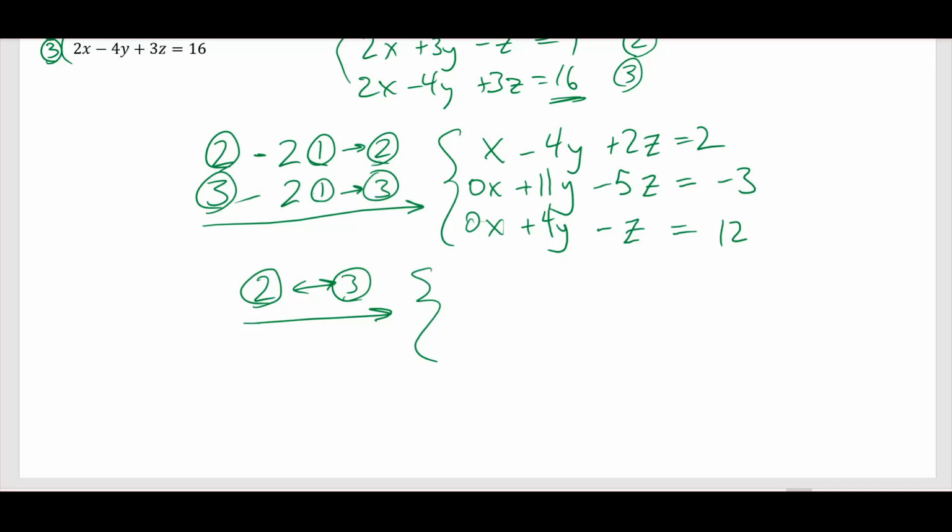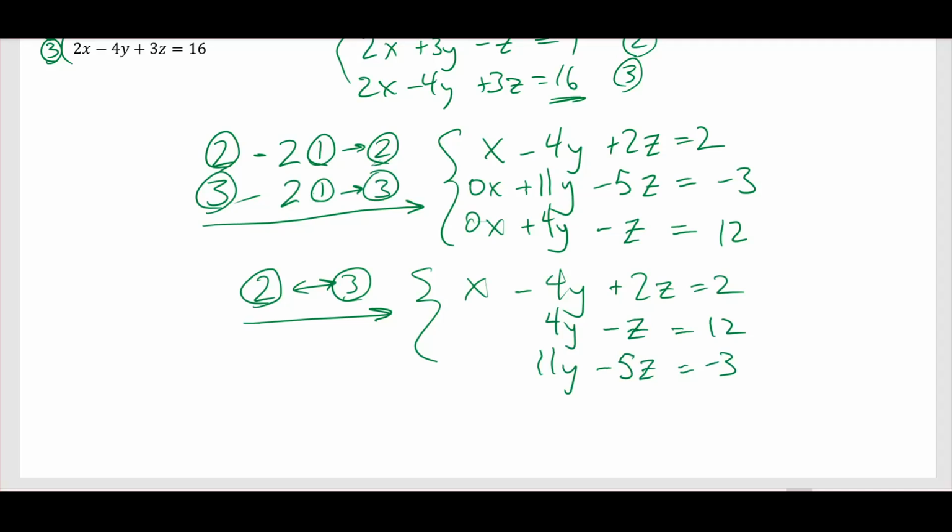Because then all we have to do is divide this one by 4, and then we're going to have a 1 where we want it. So let's do that. All we're doing is interchanging rows 2 and 3. Okay, row 1 stays the same. Rows 2 and 3 are going to change places. So I got 4y minus z is 12. And we've got 11y minus 5z is negative 3.